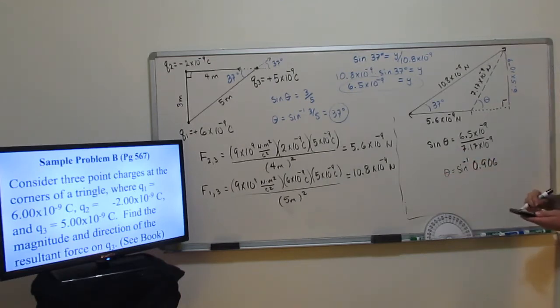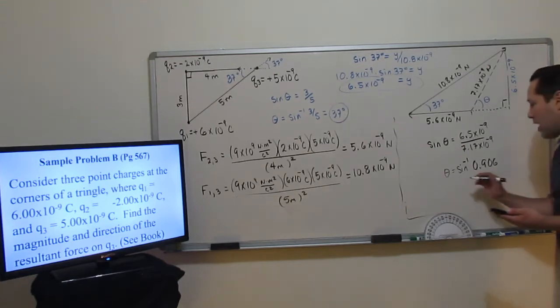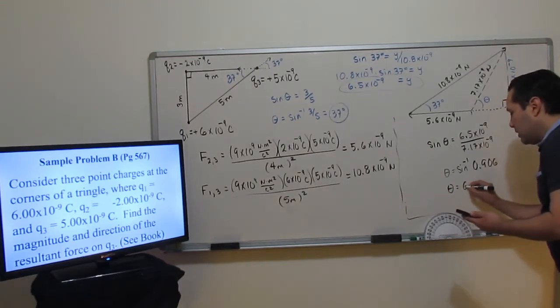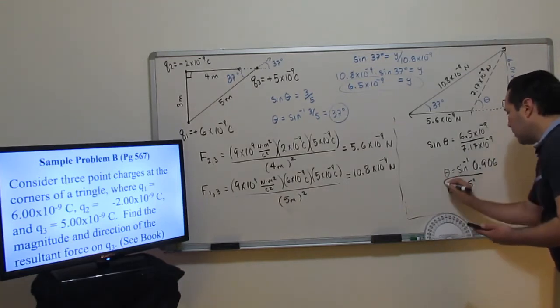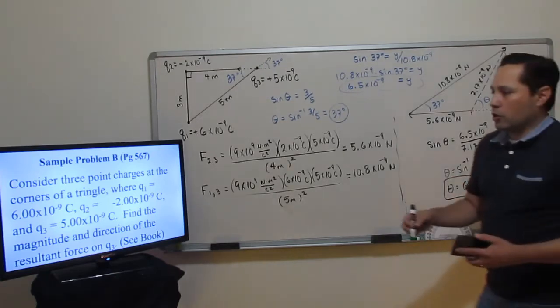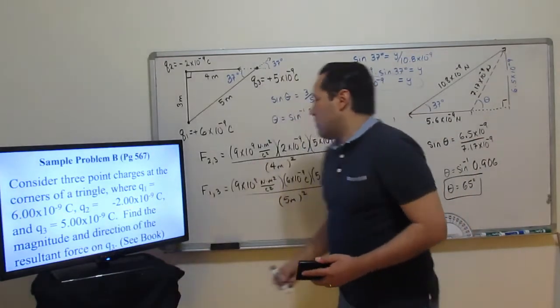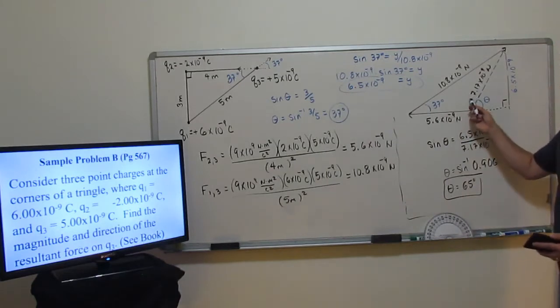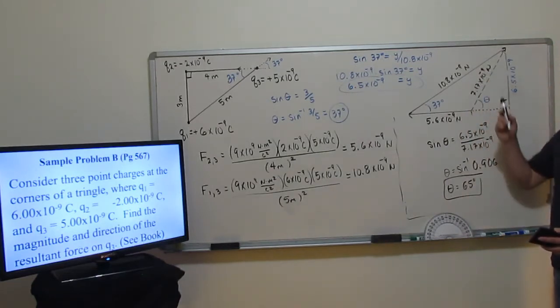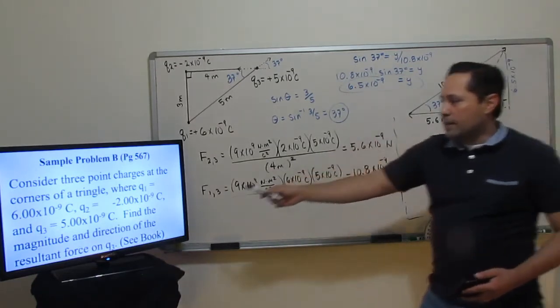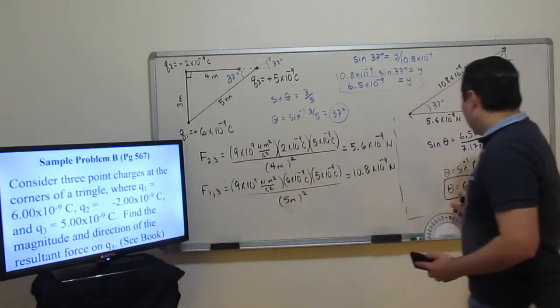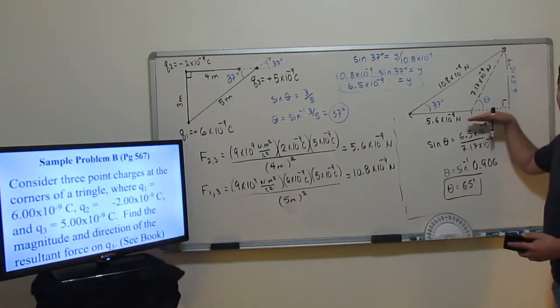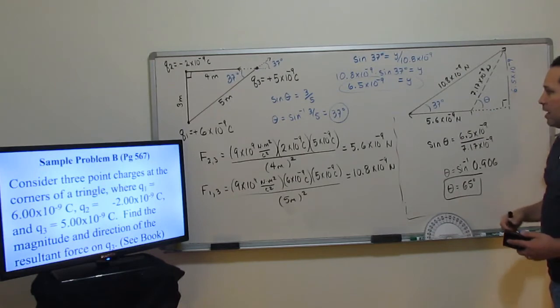Inverse sine of 0.906 gives us the angle, 65 degrees. So the question, find the magnitude. The magnitude was 7.17 times 10 to the negative 9. Find the direction. The direction is at 65 degrees above the horizontal. So that would be your answer for sample problem B.